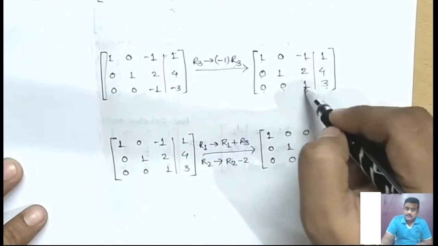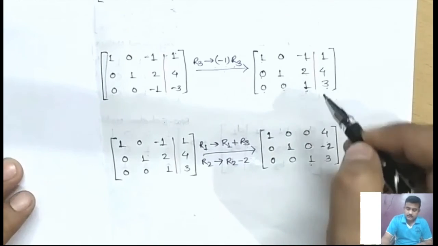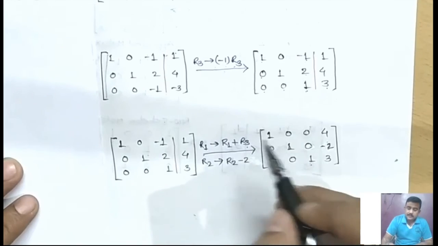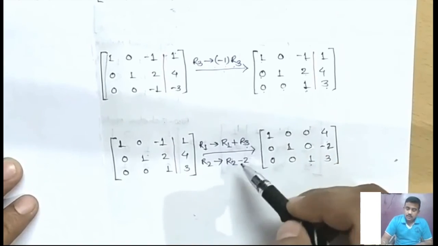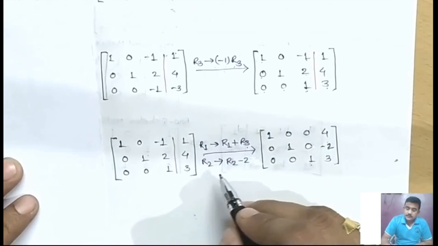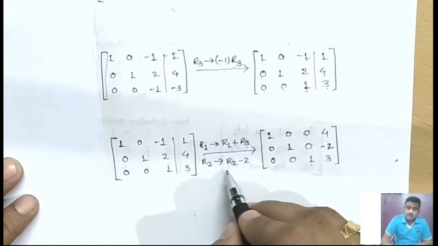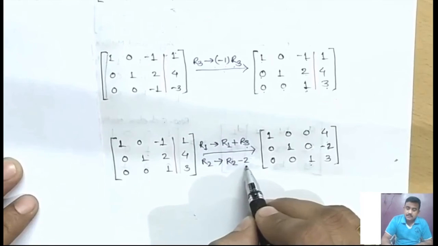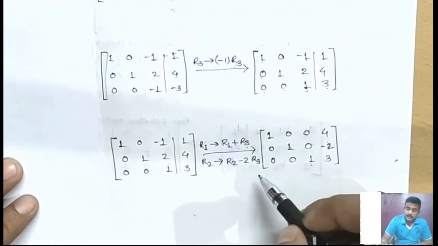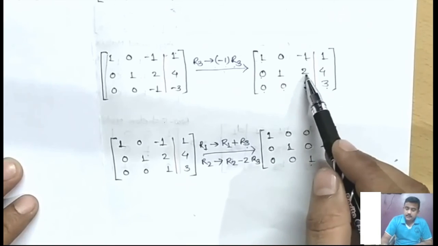If we add these two numbers, the value will become 0. That's why row 1 changes to row 1 plus row 3. And for row 2 we are going to perform the operation like this. R2 changes to R2 minus 2 into R3. So the value will become 0.